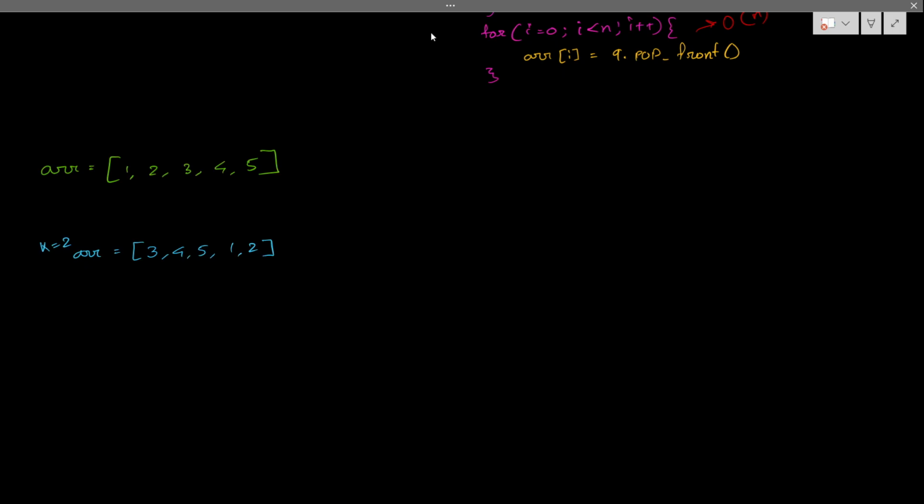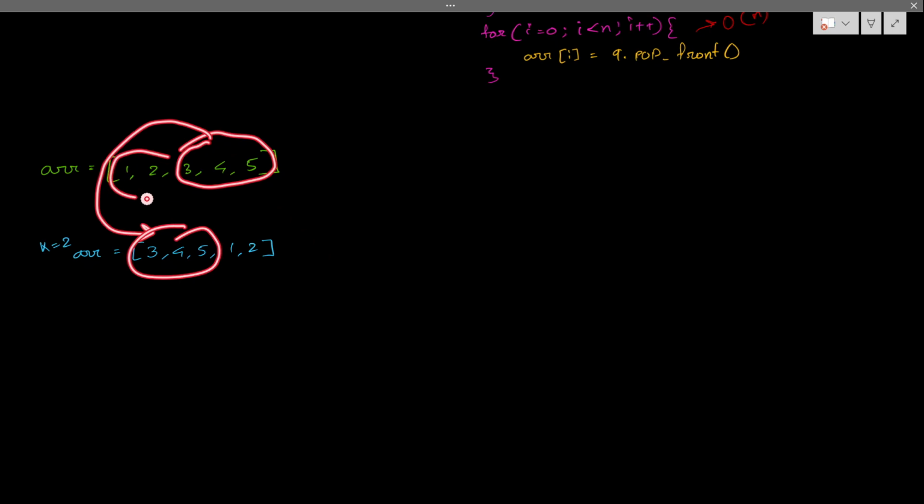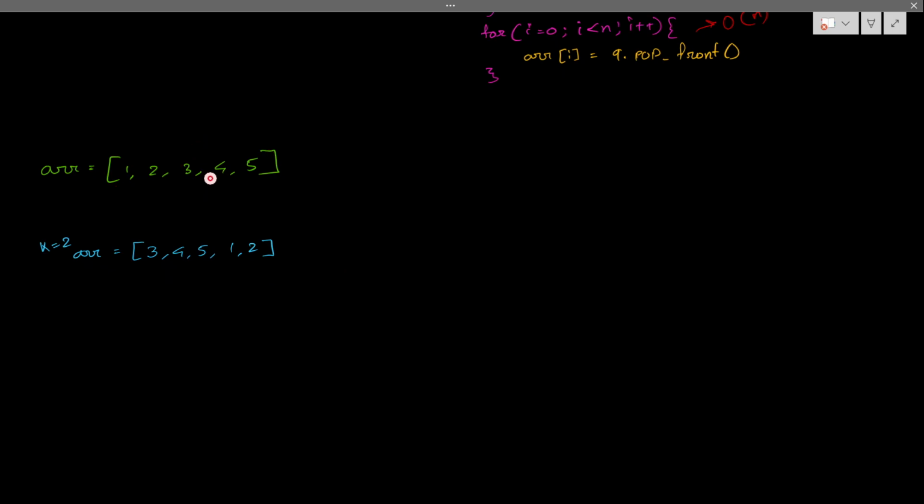Here I do the rotation 2 times, and this is my output array. This part comes to the front, and after that this part goes to the back. These two elements go here, and these three elements come in this place. What is the position of this element? This is the kth index.